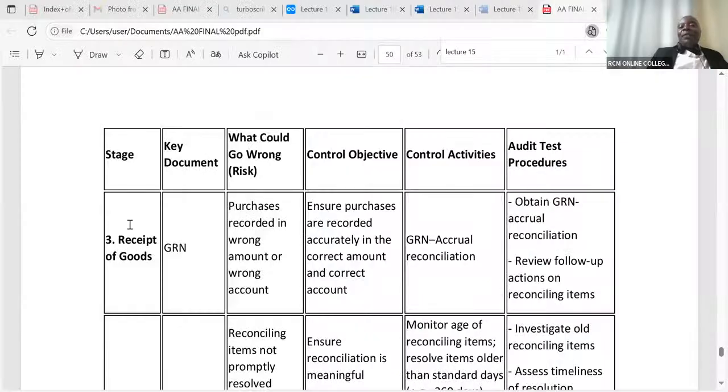So when we are receiving goods, of course, we expect to have what we call a goods received note as the key document. Then you ask yourself, ladies and gentlemen, what do you think could go wrong? What is the risk? Remember there is no right or wrong answer. It's how you argue your case.